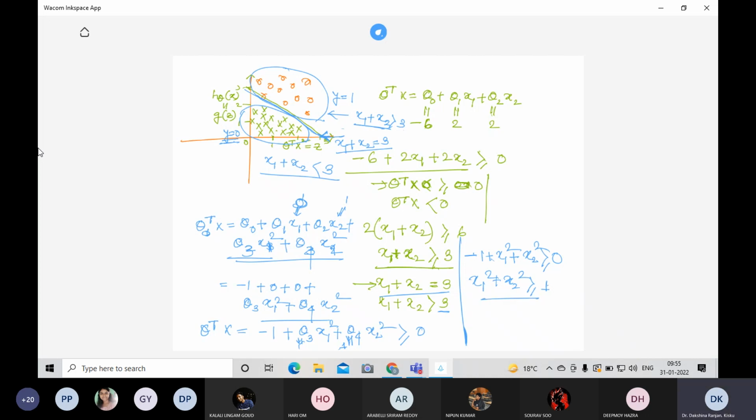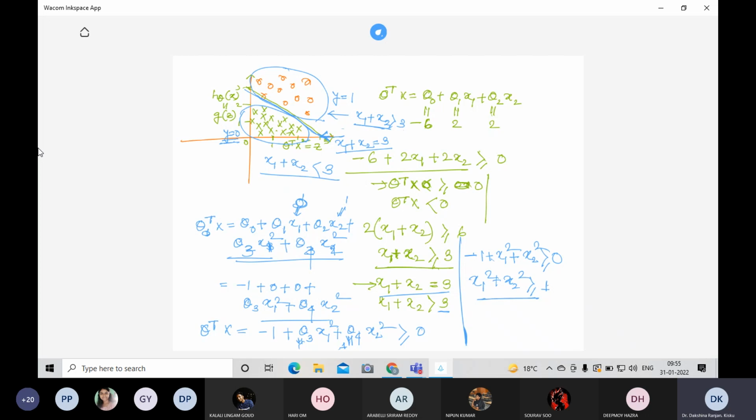So after having this representation for the given hypothesis, h theta x equals theta 0 plus theta 1 x1 plus theta 2 x2 plus theta 3 x1 square plus theta 4 x2 square.